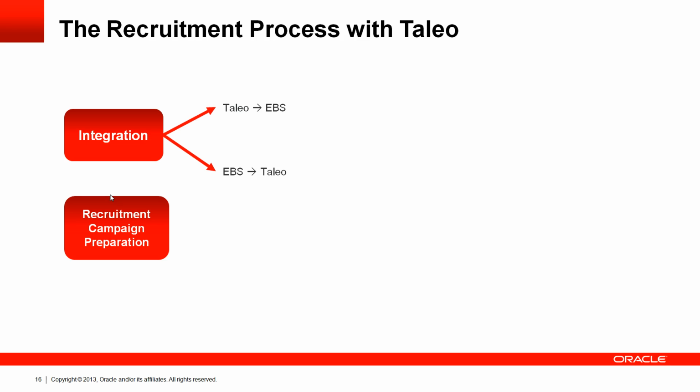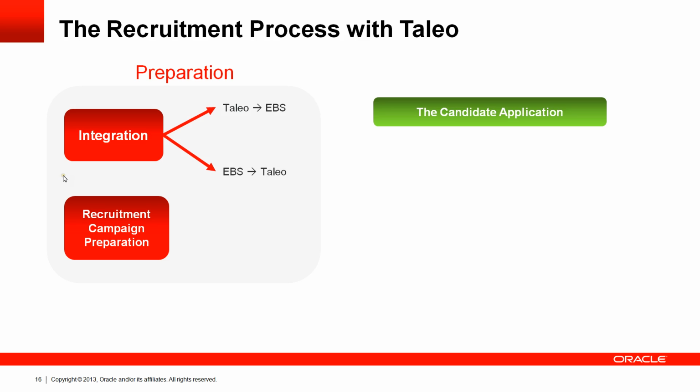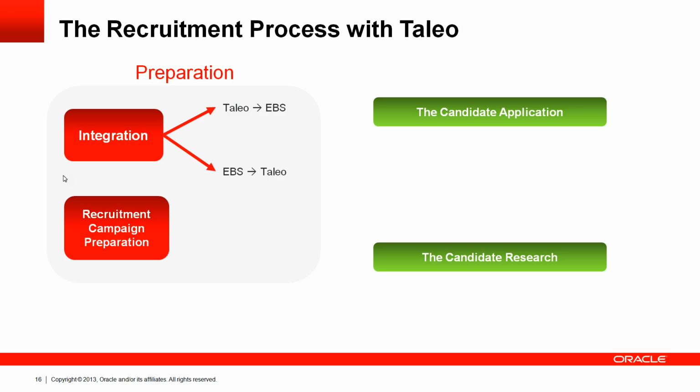So preparing the campaign means, after creating the requisition, creating the different channels and a sort of strategy of sourcing. And after that, when you have everything in place, everything ready to start, you can start the real action. So the action means that you start looking for candidates inside your database and outside the database of already collected candidates.